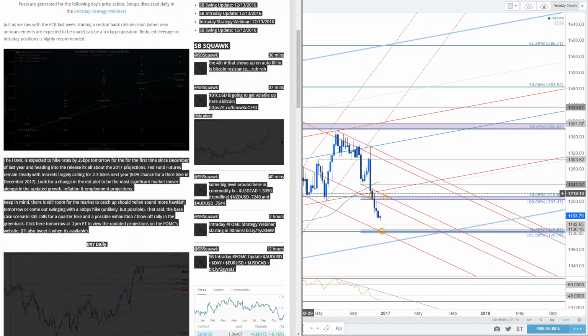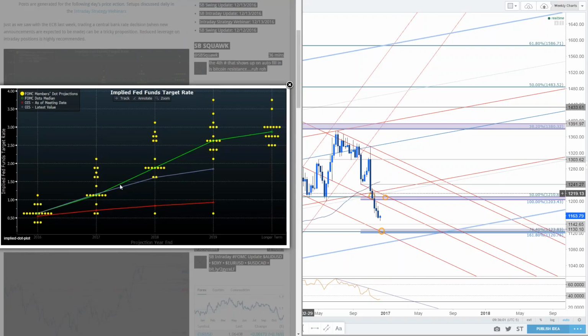Remember where we are right now. The markets are still flatline or still below where the Fed is actually projecting rates to be. And I think that's rightfully so. They've been horribly wrong on rates for the last 3 or 4 years, so why would it be any different, right? The question is, does this market expectation adjust to move even higher, or does it stand pat where it is right now, which is below what the actual Fed consensus is? So that's what the initial move will be on.